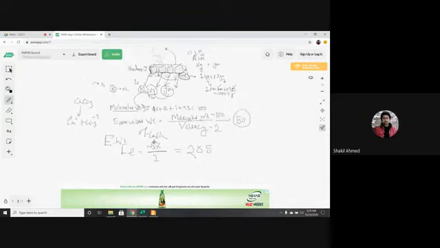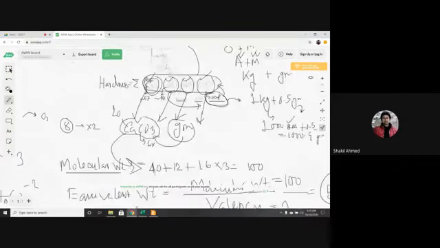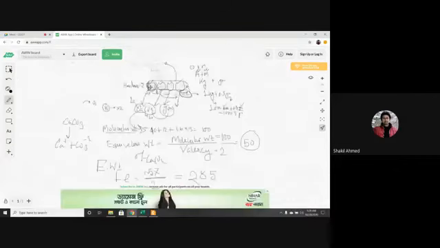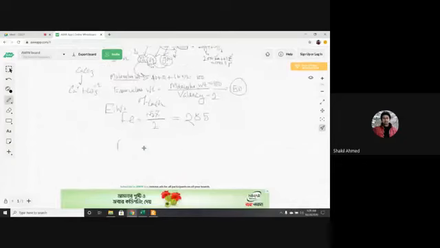So whenever you add the hardness for iron, what you do: hardness equals the summation of iron plus calcium plus so on.